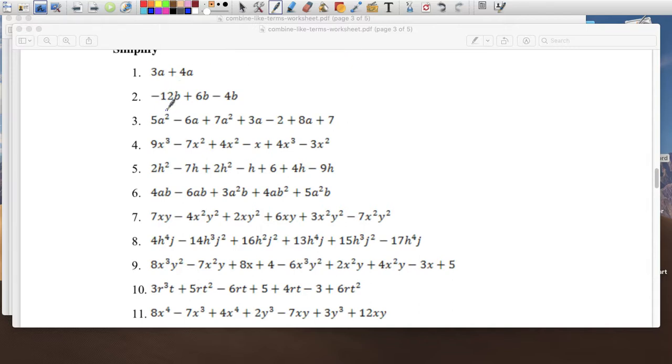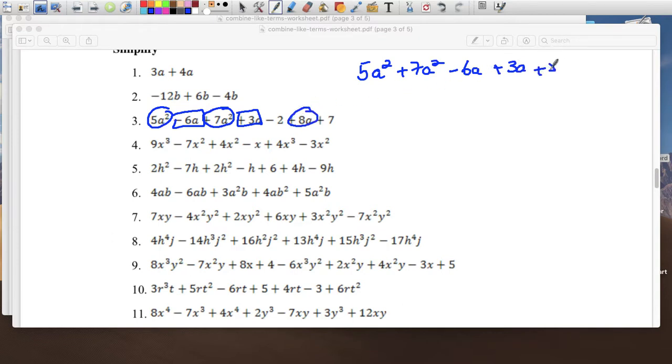So let's circle this guy, and notice that I'm circling the plus 7a squared. So let me write this. Let me just pull it over here. 5a squared plus 7a squared. So those two are done. And then the a's, I have a minus 6a, a plus 3a, and then a plus 8a, and then I have a minus 2 and plus 7.